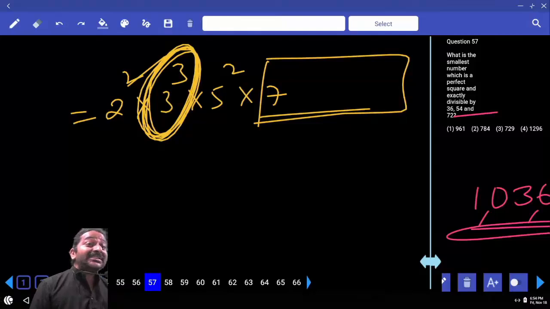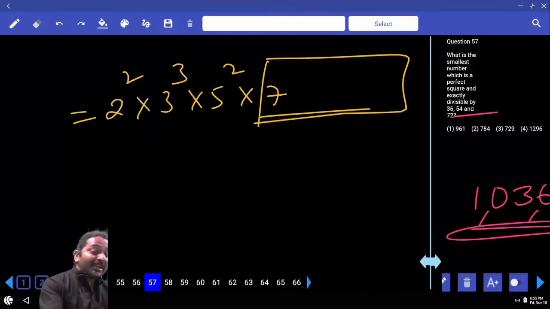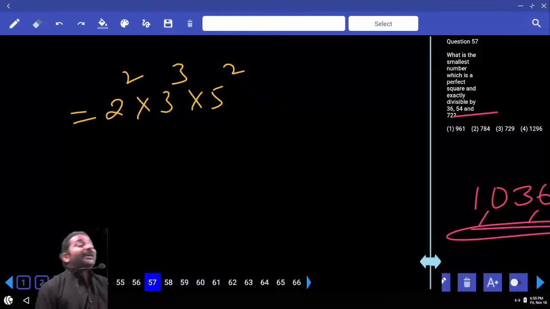A number is not a perfect square. Yes. What is the reason? Because for base value 3, the exponent is an odd number, right? To make it a square, it has to be an even number. So with what number should I multiply this to make it a perfect square? 3.